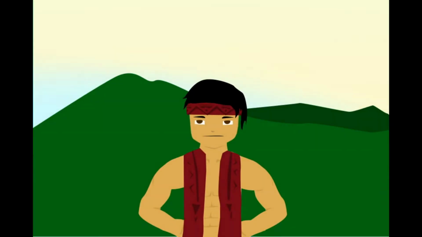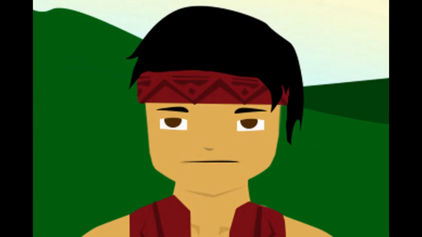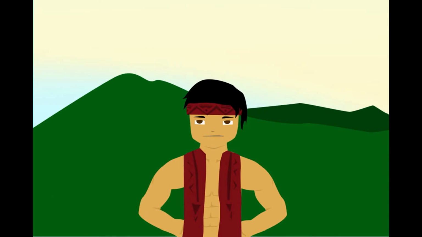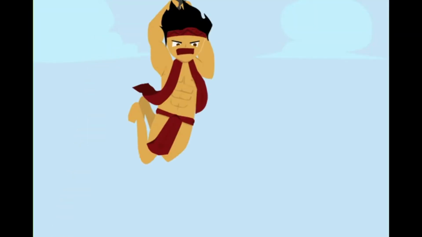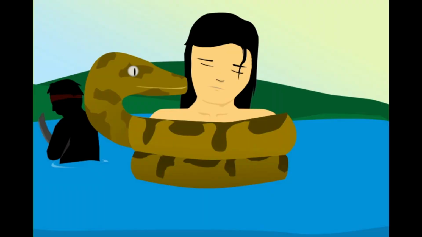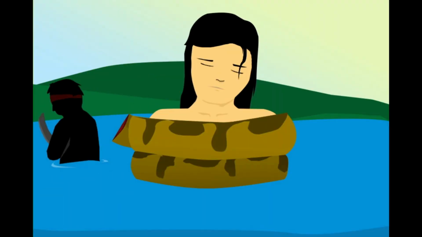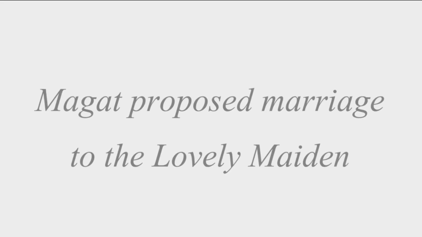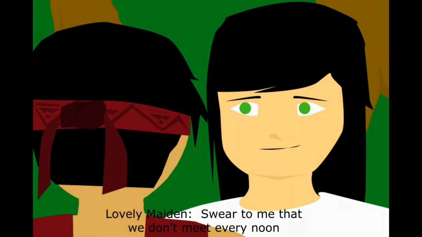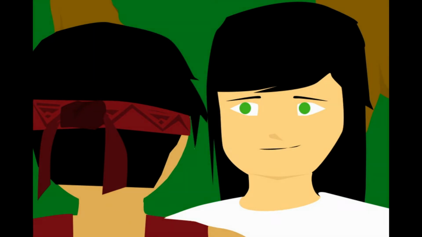In the faraway land, there was a man who was named Magat. Magat was a handsome and strong-willed young man. Magat gets through the forest and... Swear to me that we won't meet every noon.